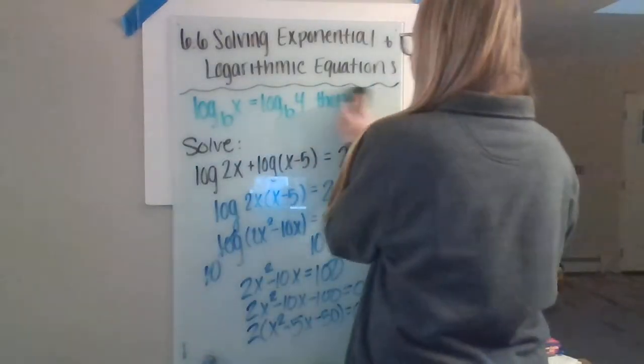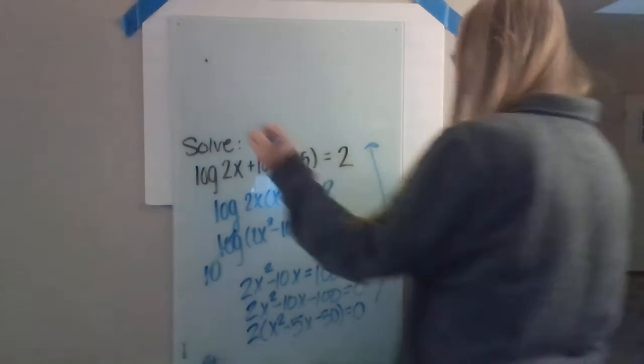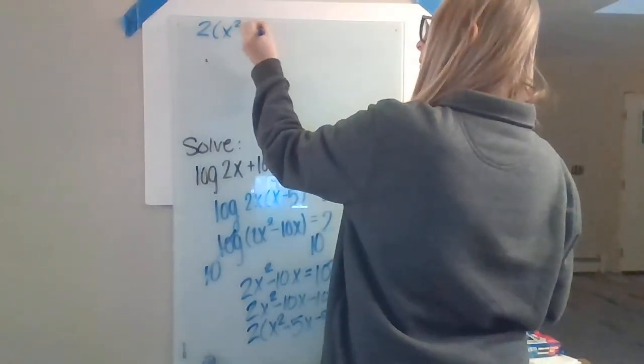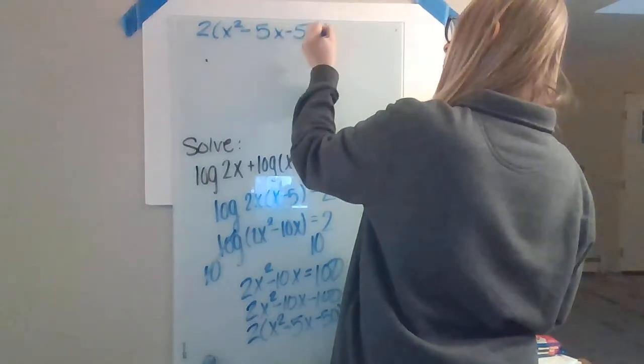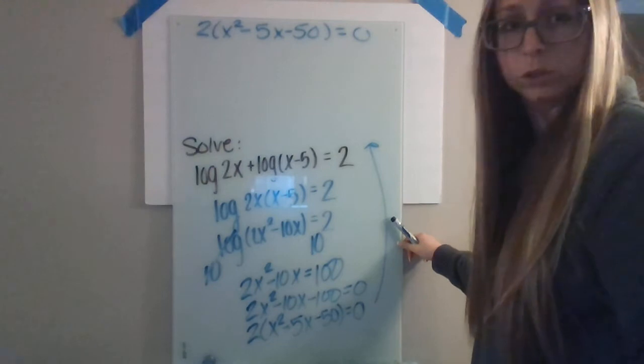I'm going to bring it up to the top to finish this off here. Actually, I'll get rid of all this. I'm going to bring this up here just so we can see it. So I'm left with this. I think I said equals 100 before. Equals 0. Losing my mind.